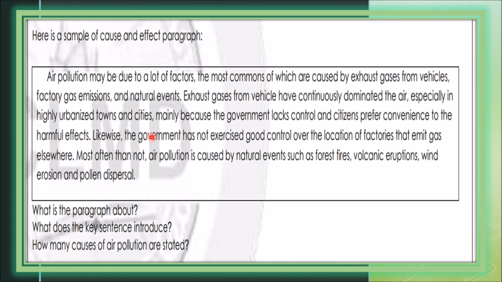Likewise, the government has not exercised good control over the location of the factories that emit gas elsewhere. Most often than not, air pollution is caused by natural events such as forest fires, volcanic eruption, wind and erosion, and pollen dispersal.